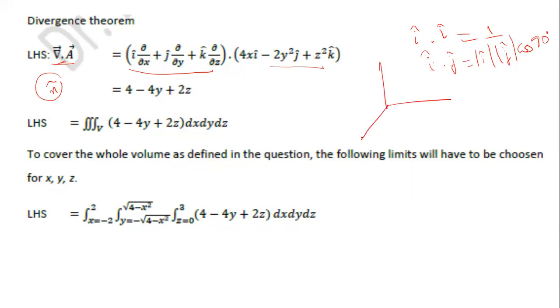You know that the unit vector along the x-axis is i cap, along the y-axis is j cap, and along the z-axis is k cap. So there is a 90 degree angle between them, so cos 90 is 0. Following that, you can simply say that j dot j is 1, k dot k is 1. Otherwise k dot i, k dot j and all are 0.